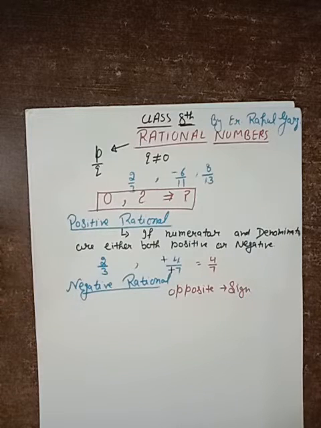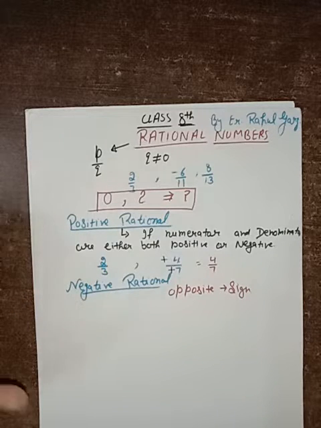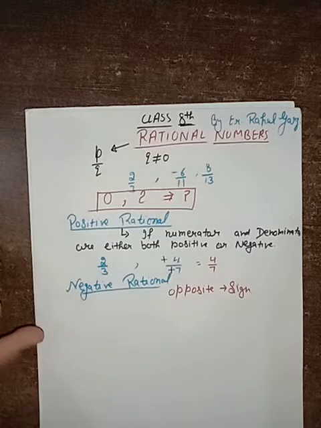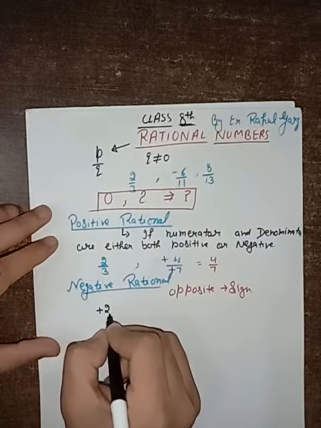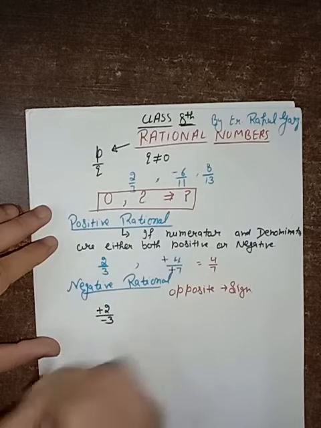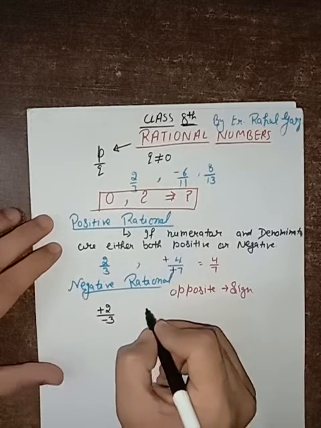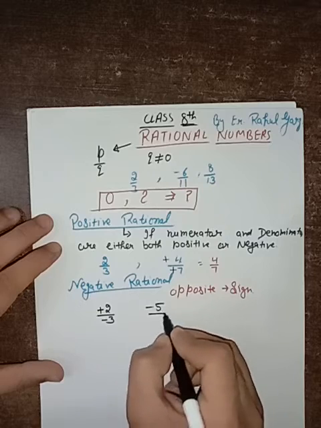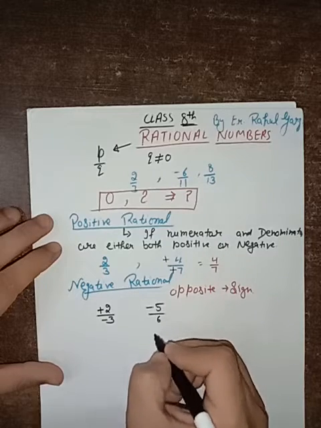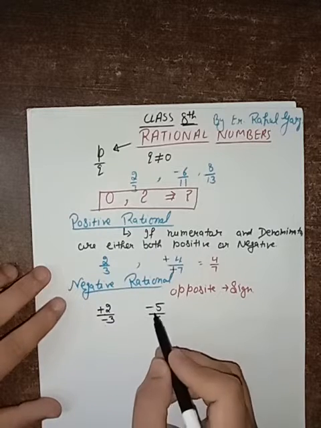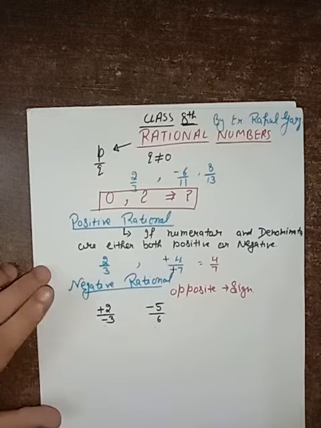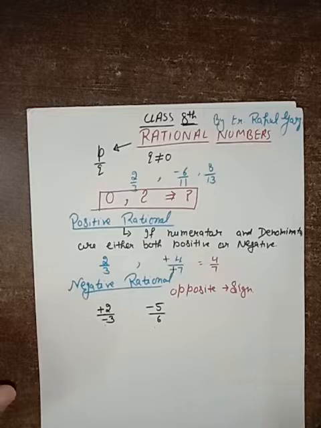If numerator is positive, then denominator must be negative. Say if I am taking plus 2, then the denominator must be negative. If I am taking numerator negative, then denominator must be positive. Here you will see the number is negative, and it is a negative rational number.